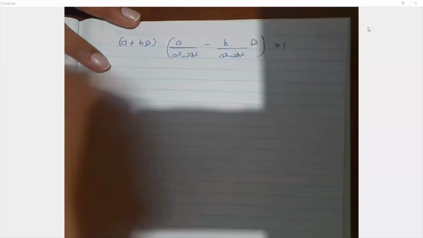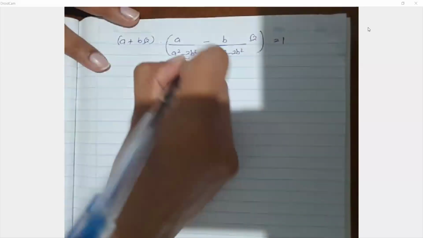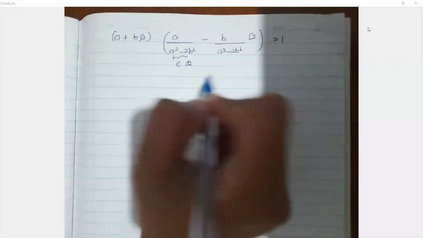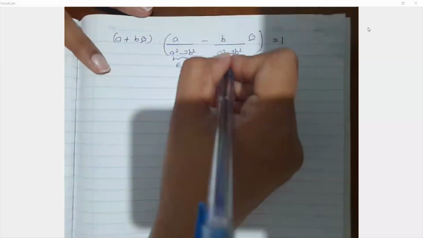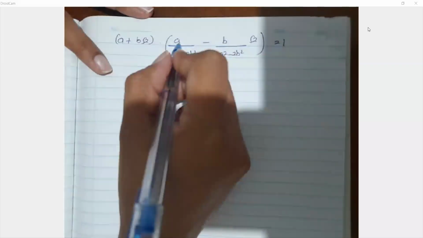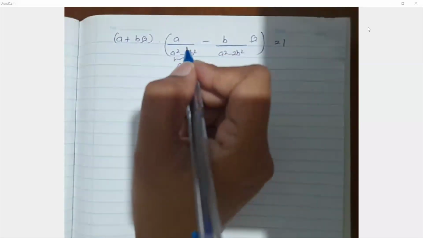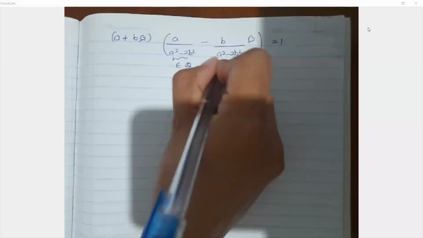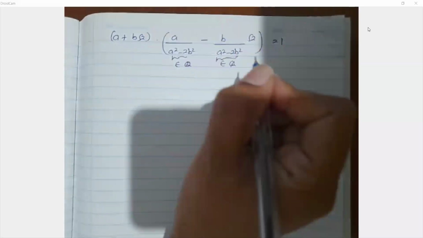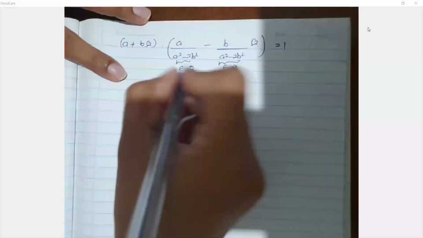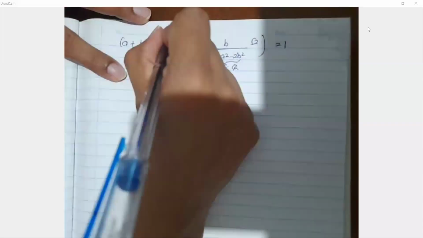Now observe, this is an element in the set of rationals. a is an integer, and a squared minus 2b squared is an integer, so this is a rational number, this is a rational number, right? Therefore, this whole number is an element in Q of root 2, right?